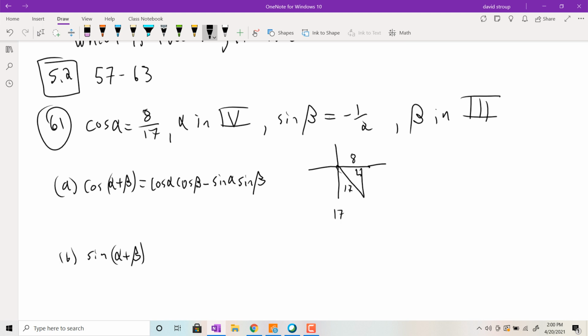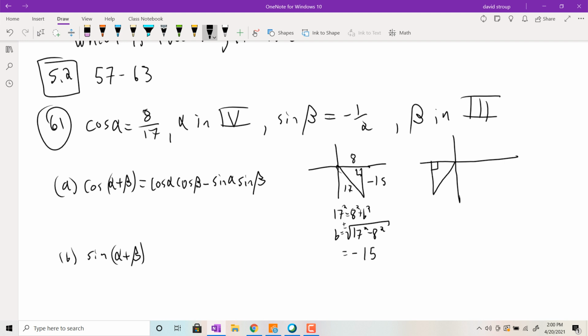It's plus or minus, and in this case, because it's going down in the y direction, it'll be a negative. So b will be negative something, negative 15. Okay. And then for the other one, the triangle will be in quadrant 3.